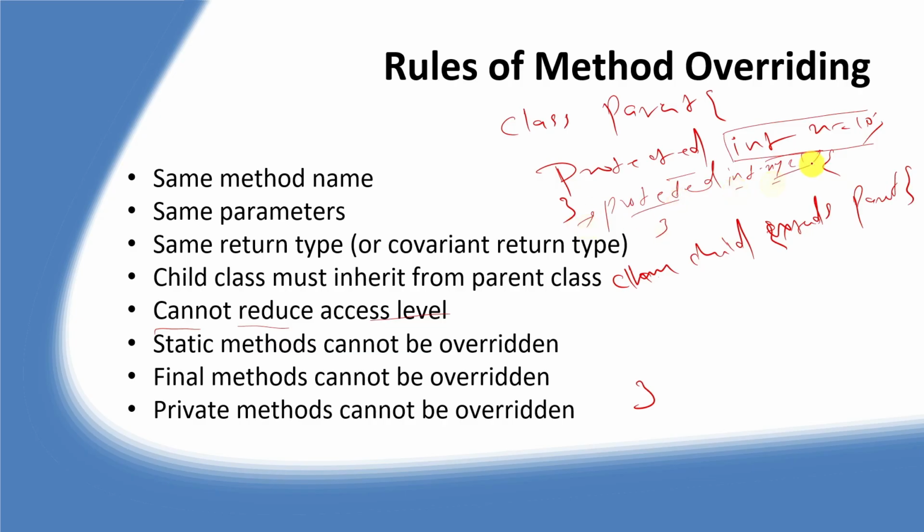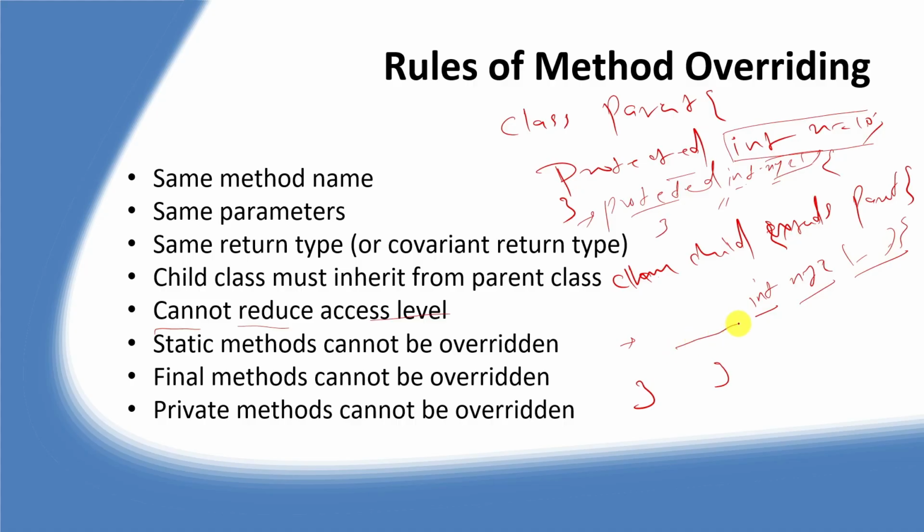Protected int, this is the method name, and this is the implementation inside. In the child class, what are the remaining rules? The return type can be covariant, so I will take the same. The method name should be the same. The signature should be the same, 0 parameters. So we have defined, as per the method overriding rules, the return type, method name, and signature, that is the parameter data types.